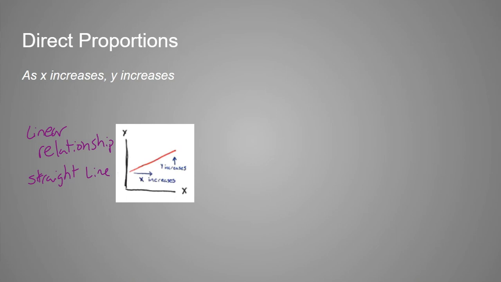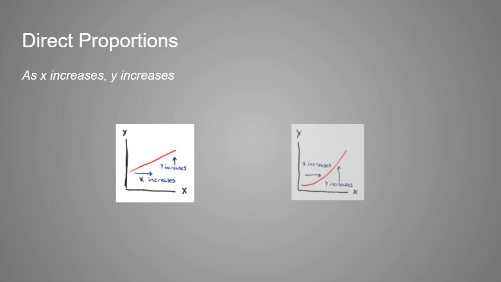Now, the other type of direct proportion that you can see is not a straight line. Actually, it looks like half of a U. And this is usually an exponential relationship. You almost always, when we talk about this type of proportion, we'll be looking at x squared to some degree.